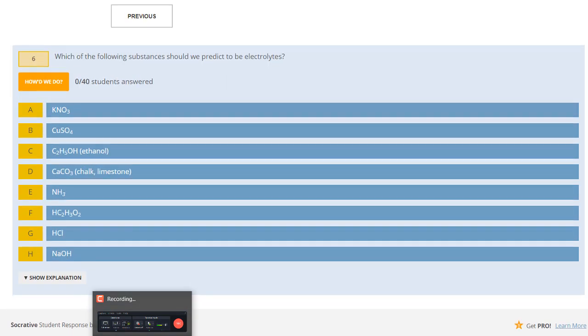These are the next 1, 2, 3, 4, 5, 6, 7, 8 that we're going to test. See if you notice any patterns, and I think you can select more than one on this one. So talk with a neighbor and select all the ones that you think would be electrolytes. And you can add them to your table.